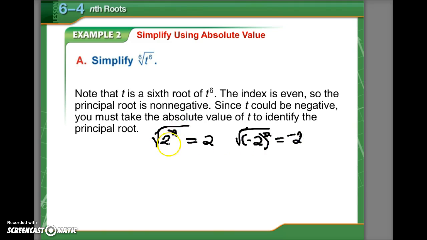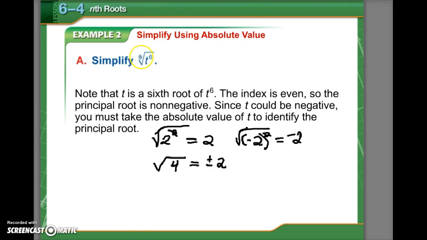But each of these numbers, 2 squared and negative 2 quantity squared, each of those numbers is 4. So if I just wrote this one problem as the square root of 4, I don't know if my answer is 2 or if it's negative 2. And that's why in the past, in previous lessons, we've had to write plus or minus 2.